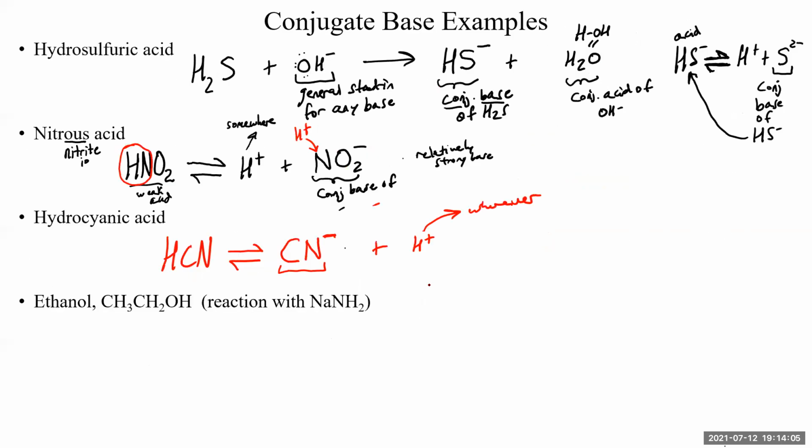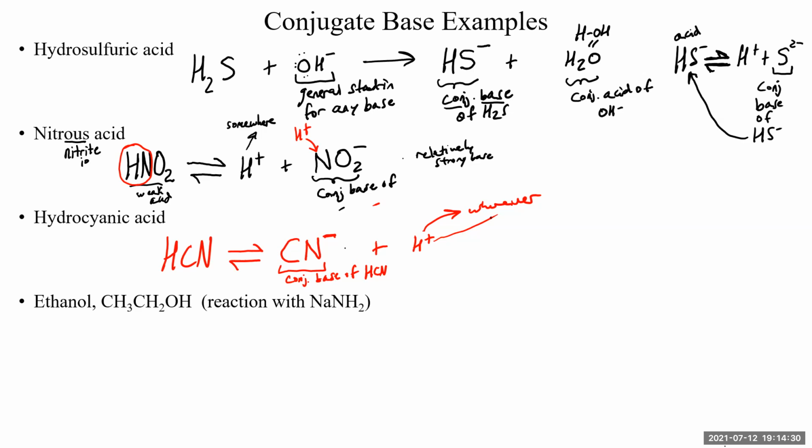So most of the time you end up with positives and negatives for conjugate acids and conjugate bases respectively. So cyanide ion is the conjugate base of hydrocyanic acid, HCN. It's what's left after the hydrogen flies away.